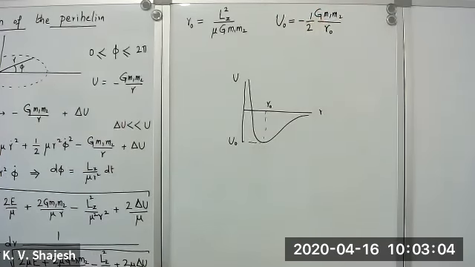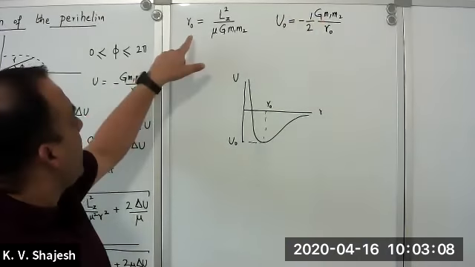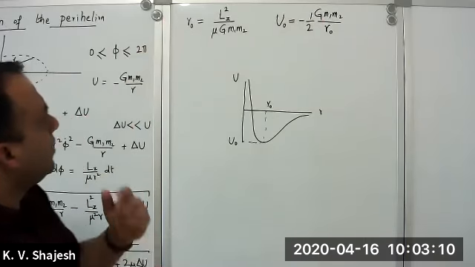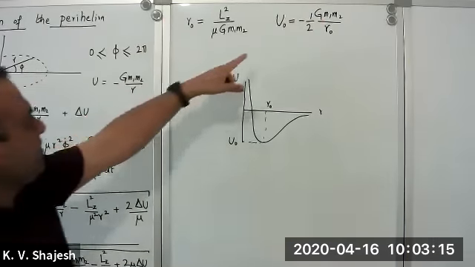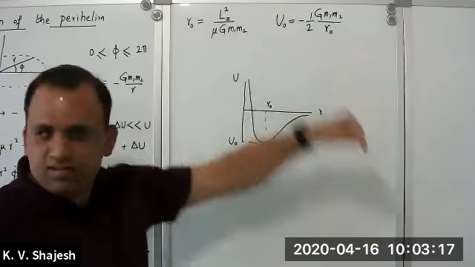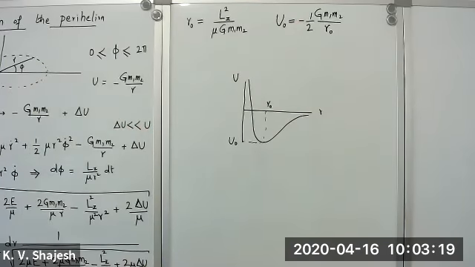So that's our scale for the energy and a scale for the distances. Note that this is negative, correct? That's an important point to keep in mind.